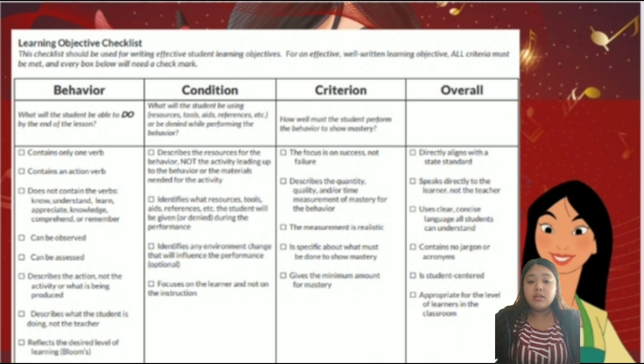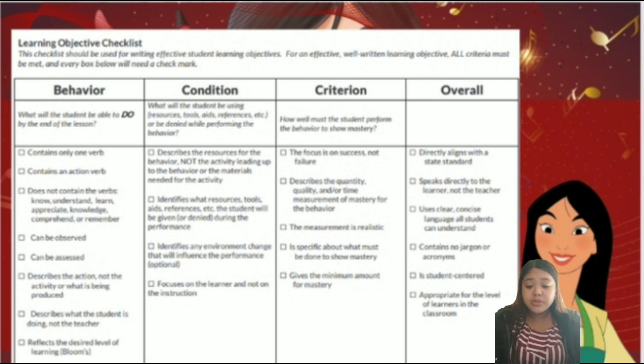So we can have an example here: the behavior, condition, criterion, and the overall. In behavior, you can check whether the students already achieve or meet your expectation, right? The example here, the behavior contains only one verb, and it is about English.